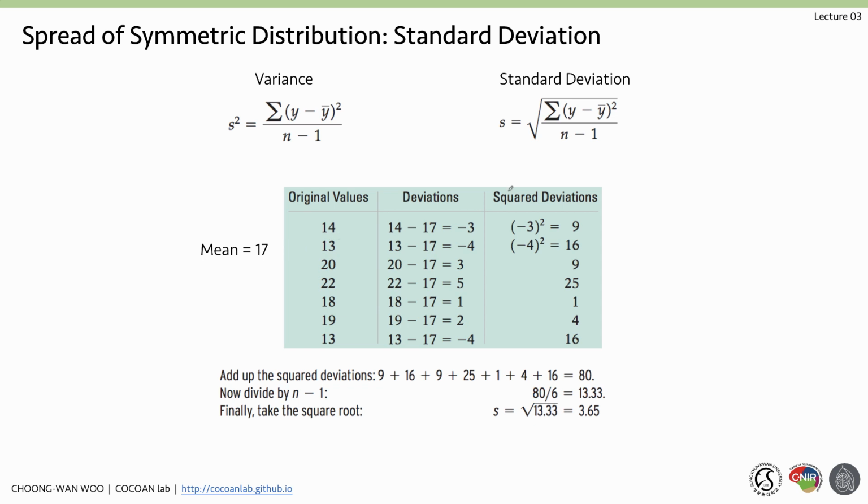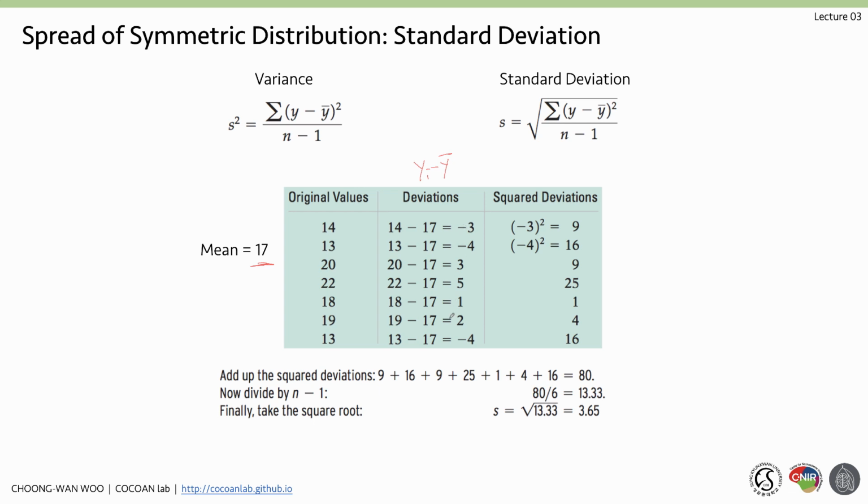So we can actually calculate these. For example, let's say the original values are 14, 13, 20, 22, 18, 19, 13, and the mean is 17. We can calculate deviations, which is just y_i minus y bar, by subtracting 17 from the original values.